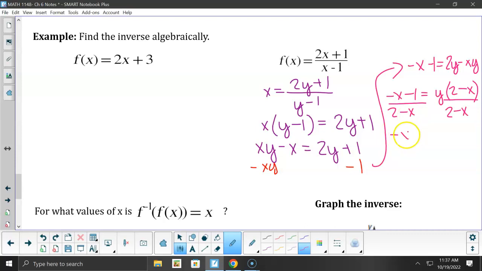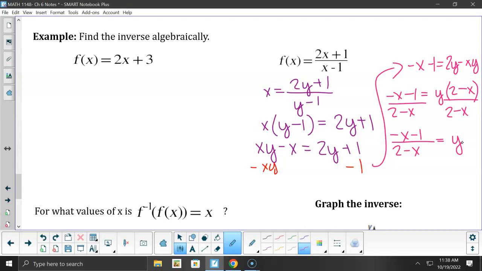So I'm left with (negative x minus 1) over (2 minus x) equals y. Now, I will tell you the book might factor a negative out of the top and out of the bottom, so they can simplify it.